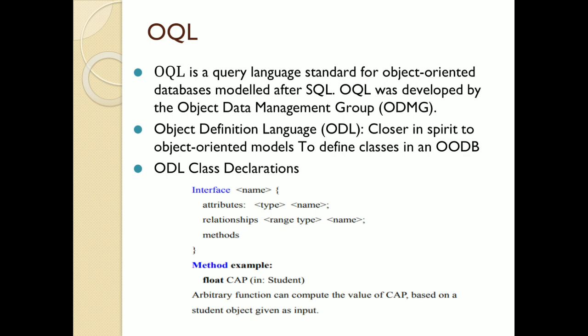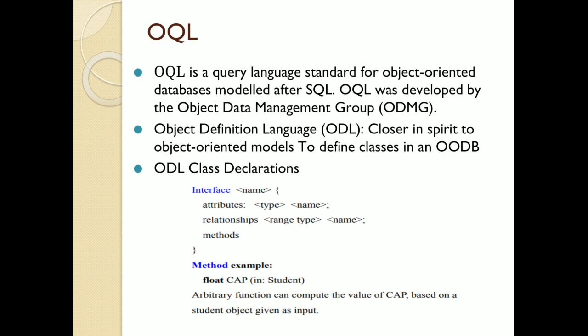Now, what is OQL? OQL is a query language standard for object-oriented databases modeled after SQL. OQL was developed by the Object Data Management Group, ODMG. Object definition language. What is object definition language? Closer in spirit to the object-oriented model, the language to define classes in an object-oriented database is object definition language.